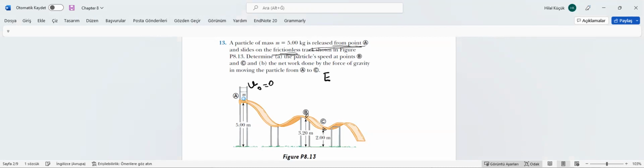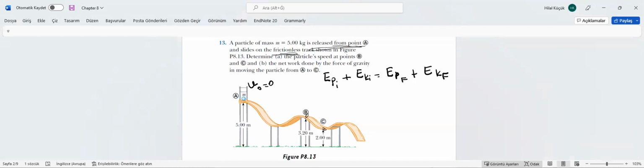It means potential energy at the initial state plus kinetic energy at the initial state. Yes, I am writing. I didn't include friction because it's a frictionless system.